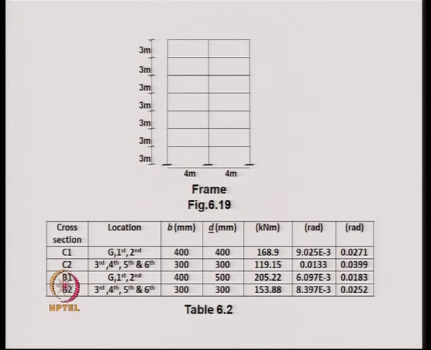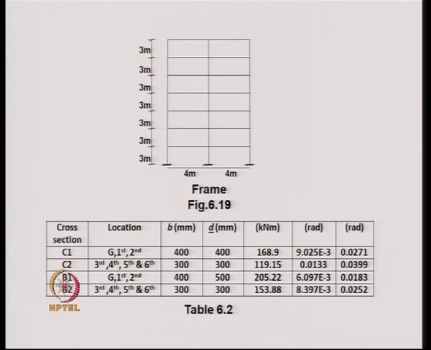So, from the ground, first floor and second floor level, we have one kind of cross section, and then their MY value is given, and the corresponding yield rotation is given, and the last column shows the rotational capacity for that particular cross section.